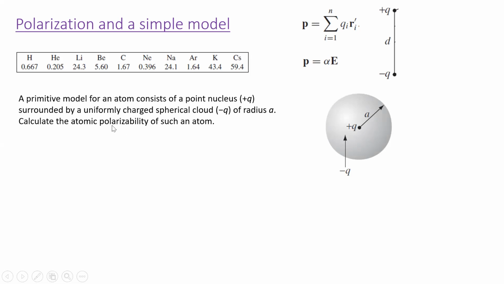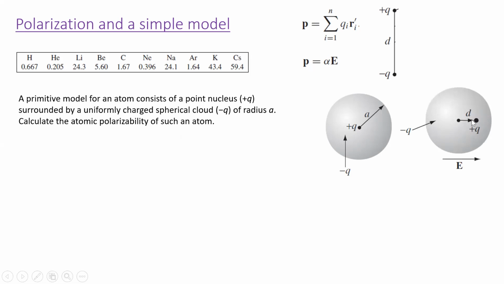So how would we calculate the polarizability, this quantity alpha, of this atom? Well, if we apply an electric field, then it's going to shift the positively charged nucleus over to the right by a distance d, relative to the negative electron cloud.